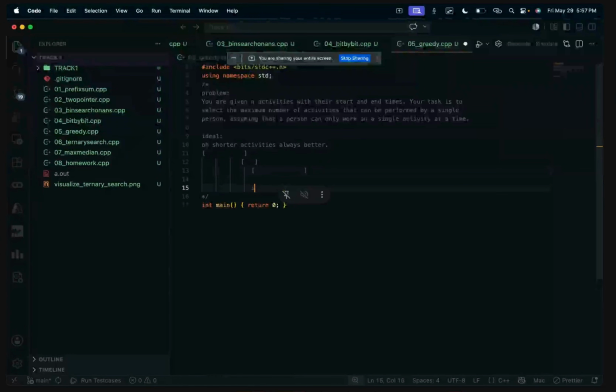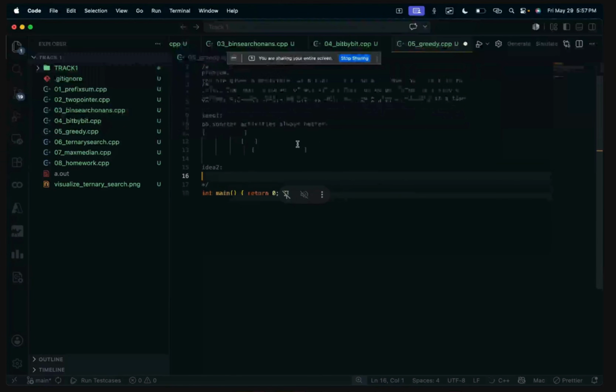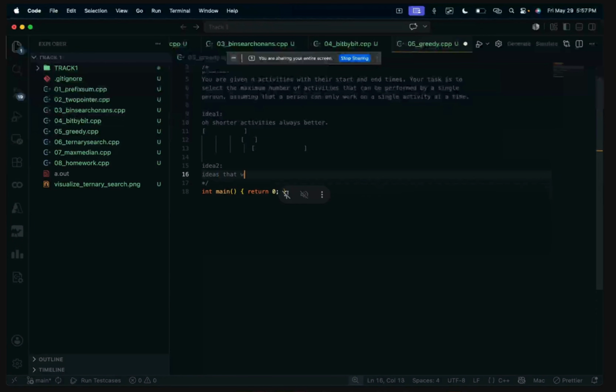Another idea that you might think of, idea 2: ideas that make me wait less are better. What I mean by that is, at the first instant, you see that this activity does not make me wait, so let me just do this activity and keep doing it until it ends.